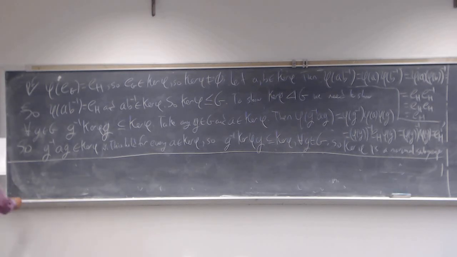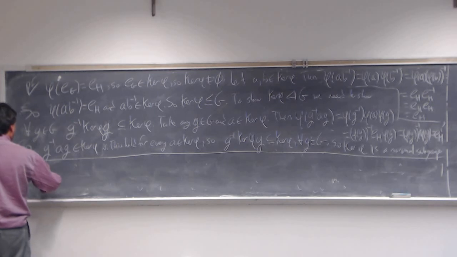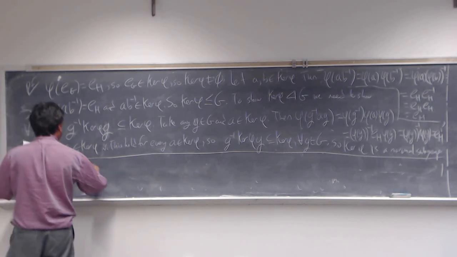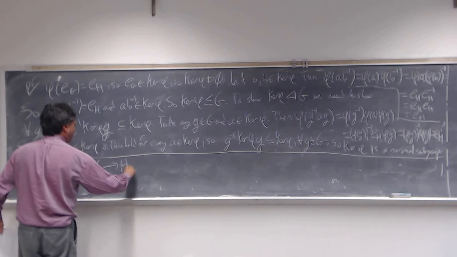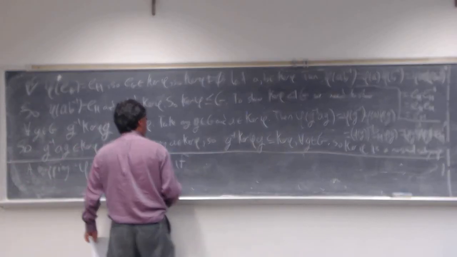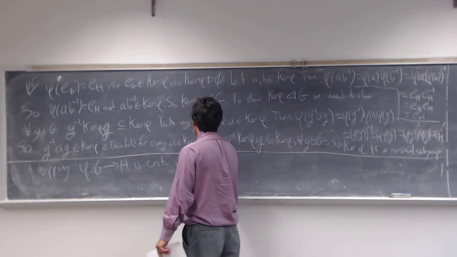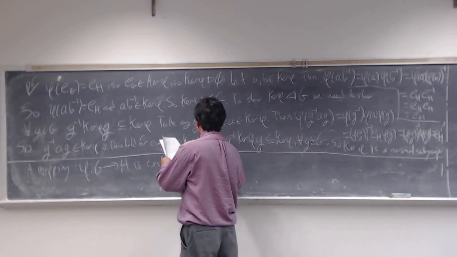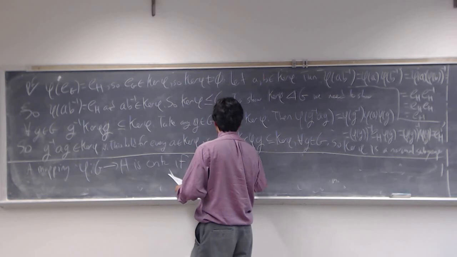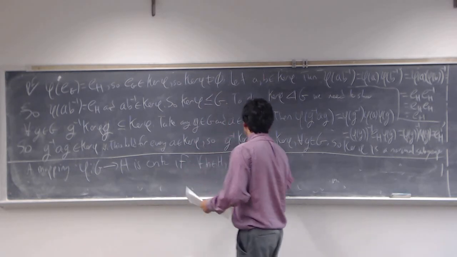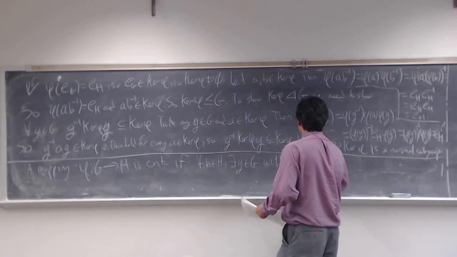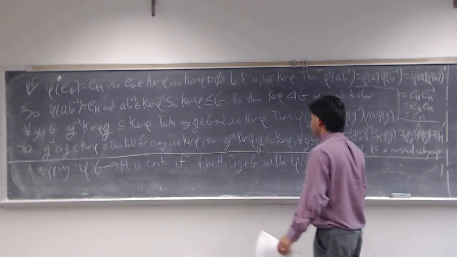So in general, we say a mapping phi from G to H is onto if, well, let's get it on the element level. For any h in H, we can find at least one element g in G with phi of g equal to h.